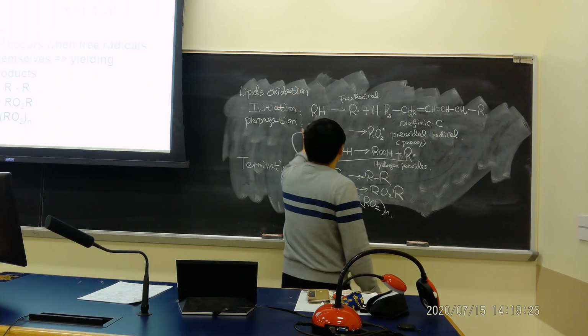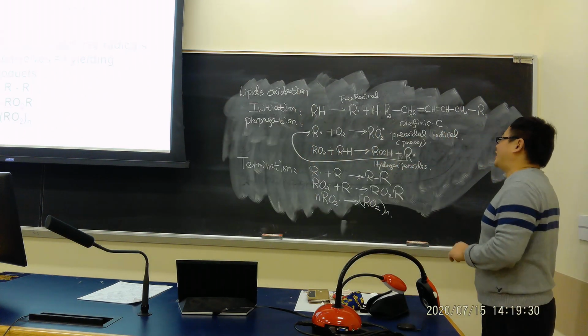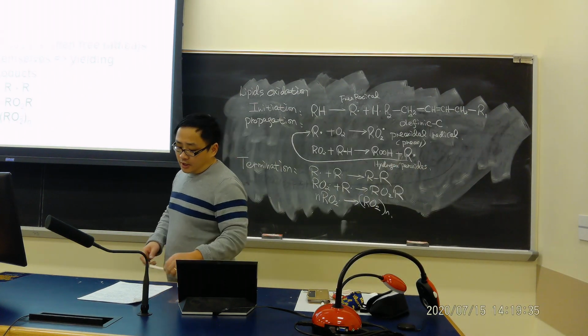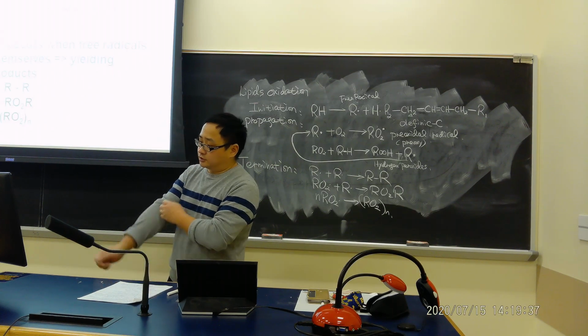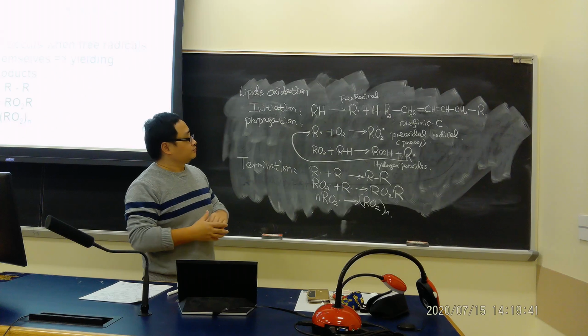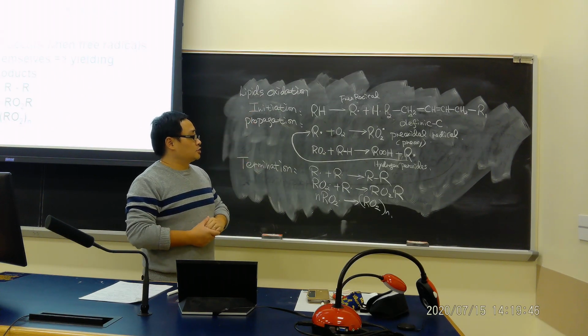So this is the procedure. We say it's very abstract. I'm going to give you an example later on, using oleic acid, to explain what it really talks about. So we first know the overall picture: initiation, propagation, termination.